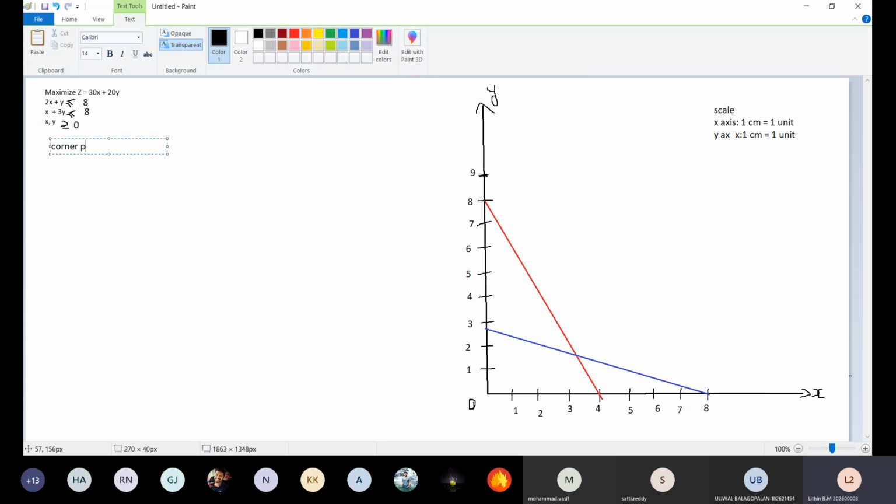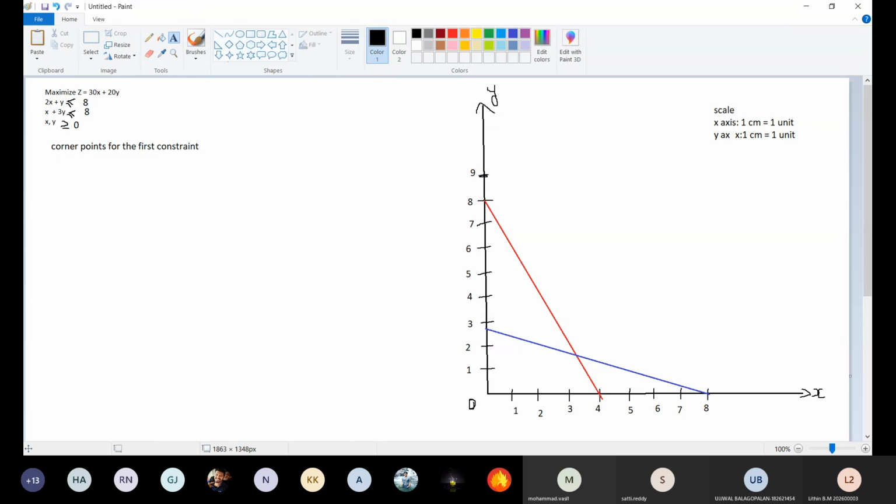Give me some time, please excuse me for a while. Corner points for the first constraint. I'll get the values which we had calculated. Okay, these are the corner points for the first constraint.